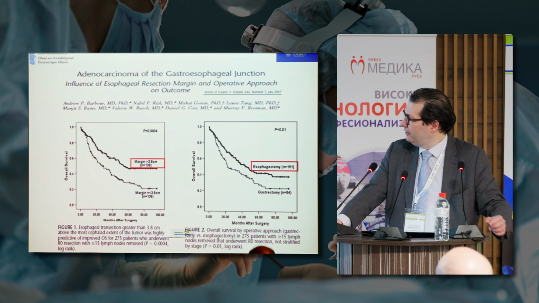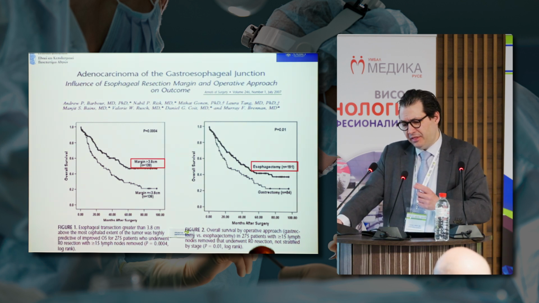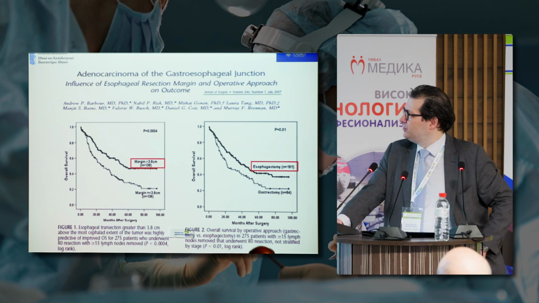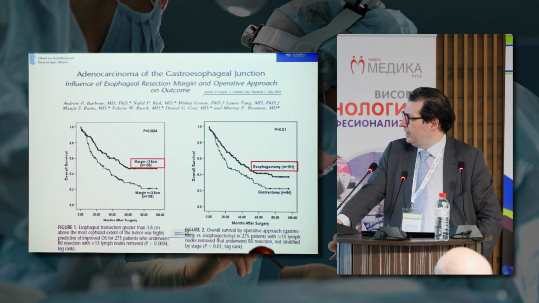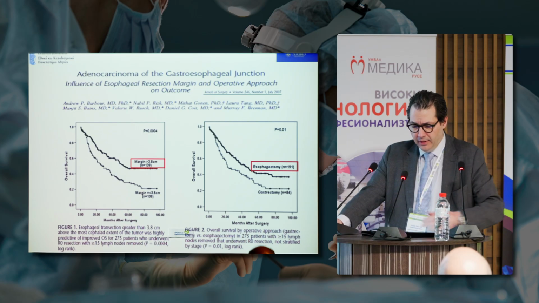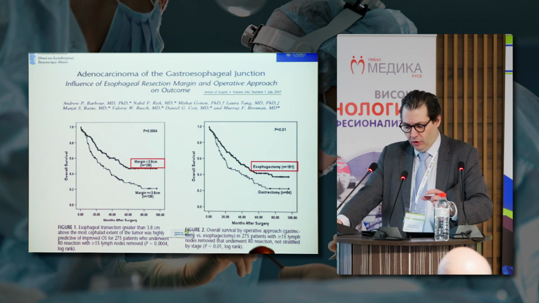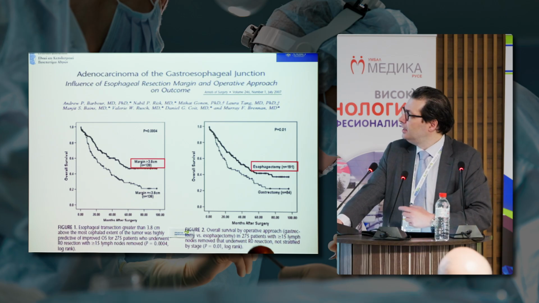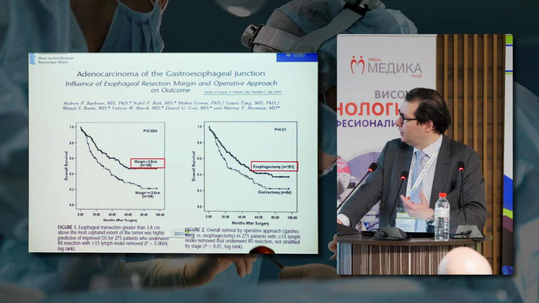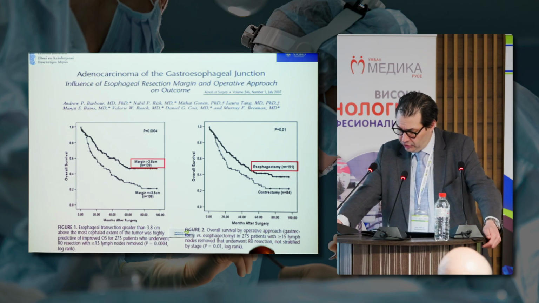First of all, because we have to achieve a margin of at least 3 or 4 centimeters in the specimen in order to offer an R0 resection and better survival in these patients. So the longer the proximal margin, the more crucial it is to operate through an esophagectomy.